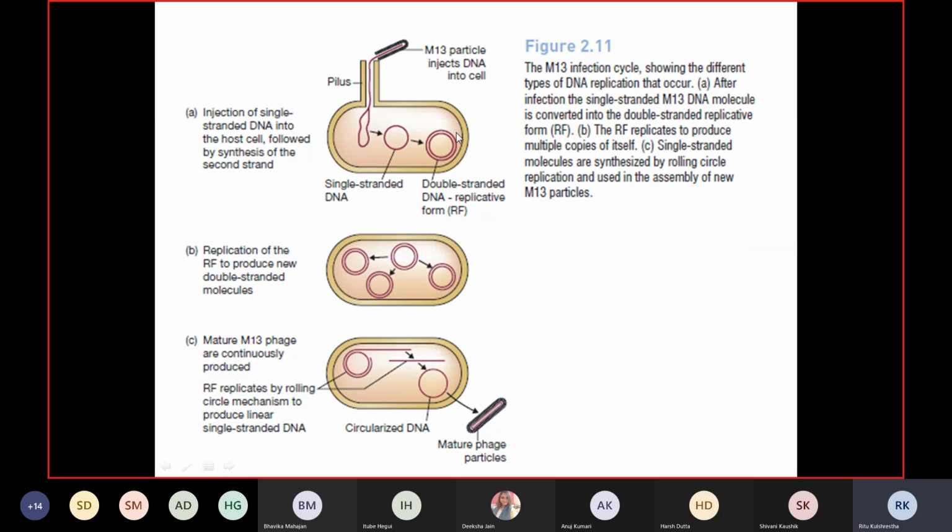See, if you see this figure very carefully, then I had told you that the nick that takes place, which finally leads to these single-stranded forms being developed, was done at the origin of replication. So it means that the presence of the ORI is very important, and obviously certain enzymes from the M13 phage are very important for any segment of DNA to be made into single-stranded DNA.